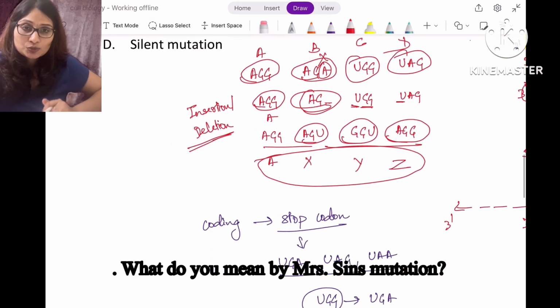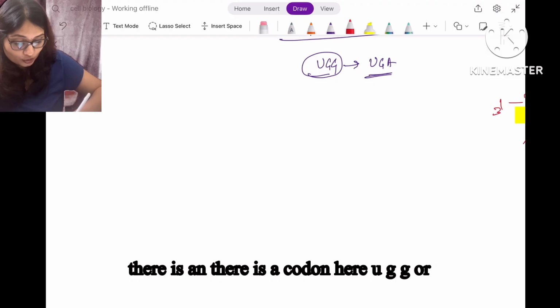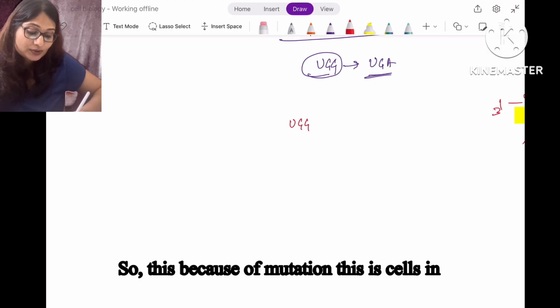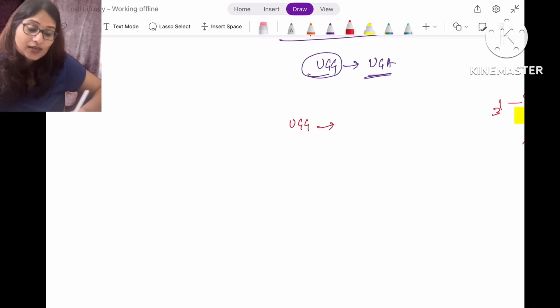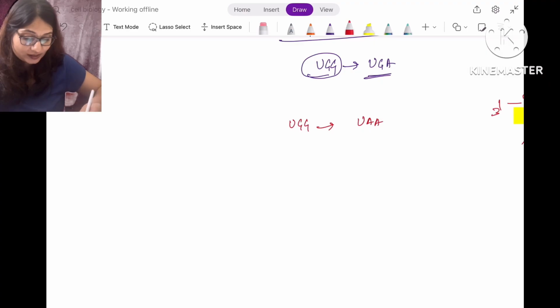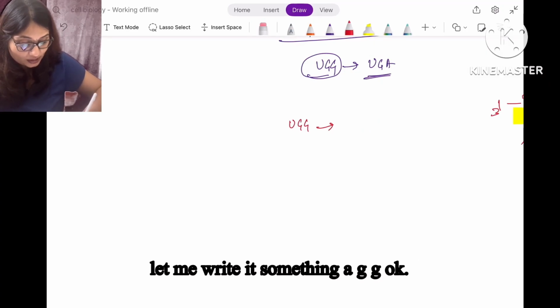What do you mean by missense mutation? Missense mutation is nothing but, supposing there is a codon here, UGG or something like that. Okay, so because of mutation, this results in some other codon. Let me write something, AGG.